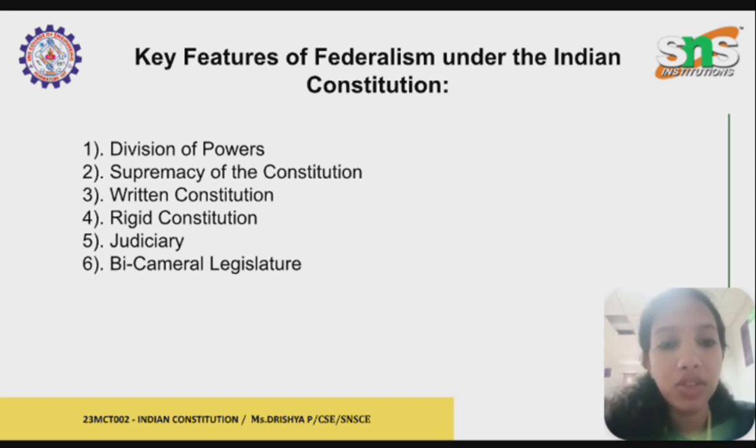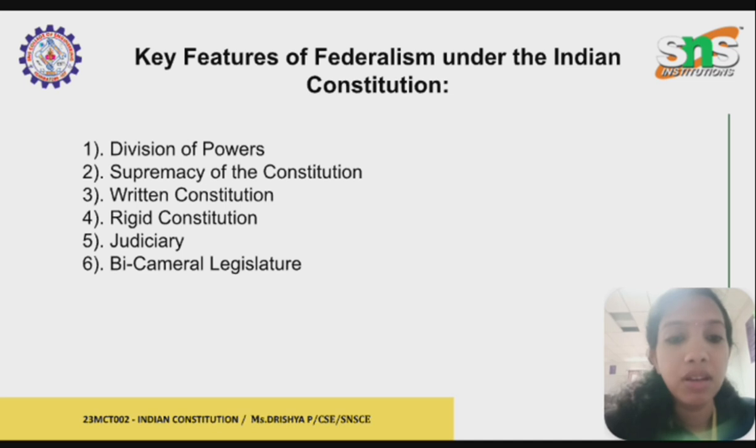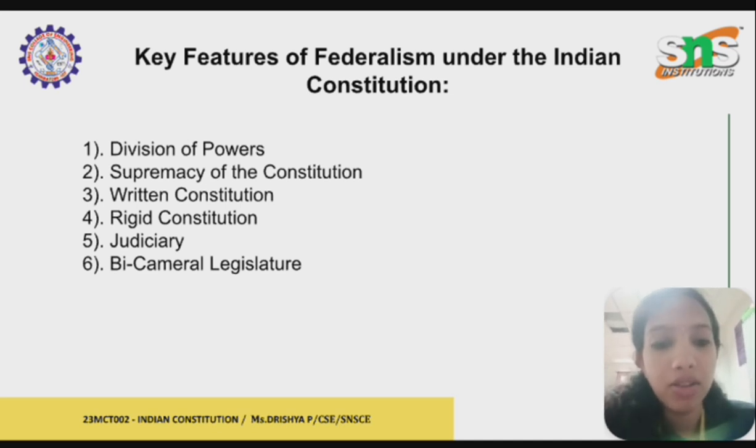There are six features. The first one is division of powers. The powers are divided between the state and the union. Then supremacy of the Constitution, written Constitution, rigid Constitution, judiciary, and bicameral legislature. Bicameral legislature means Lok Sabha and Rajya Sabha.